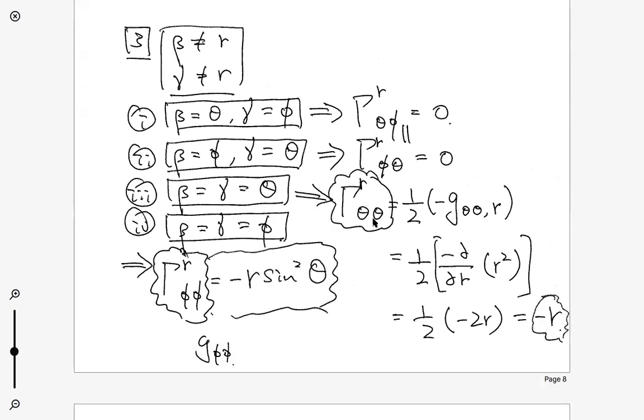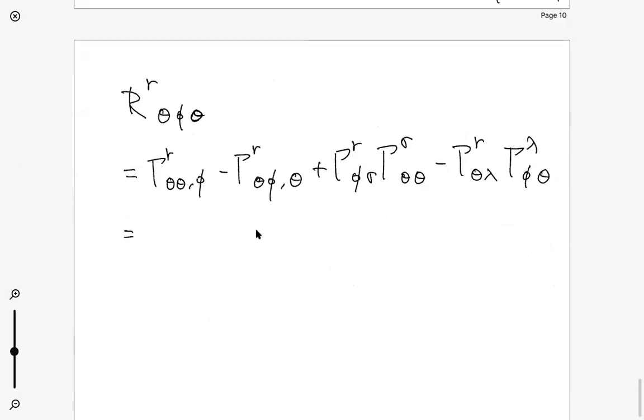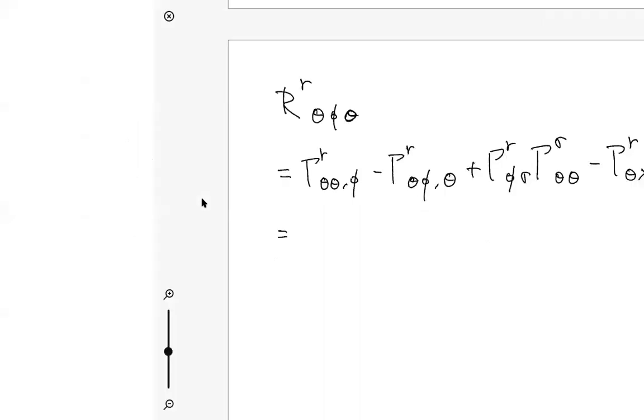So the R theta theta component of the Christoffel symbol is minus R. But what about the derivative of minus R with respect to phi? What is it? Winky, I will come back to your question later about the trick to remember this.